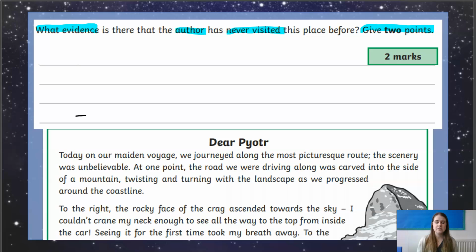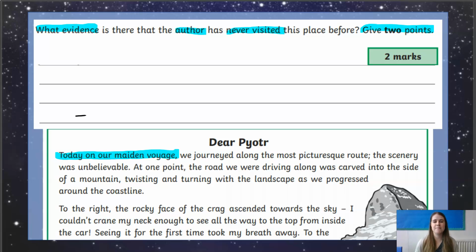So, today on our maiden voyage, we journeyed along the most picturesque route. The scenery was unbelievable. Now, it says today on our maiden voyage. I know this is one of my points to help me, but that's because I know what maiden voyage is. If any of you ever studied the Titanic, the Titanic set out on its maiden voyage from Southampton in Portsmouth, and then went off to Ireland, and then went off to America.